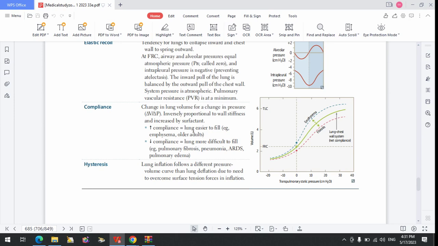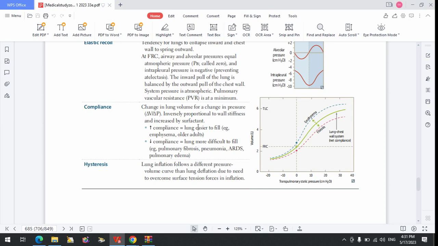Now, I'm trying to explain surface tension. Surface tension, I said picture it as if you are picturing elastic recoil. That is something recoiling on itself, coming together. Are you with me, Dr. Julia? Yes. Now, if something is trying to come together, do you think it's compliant?